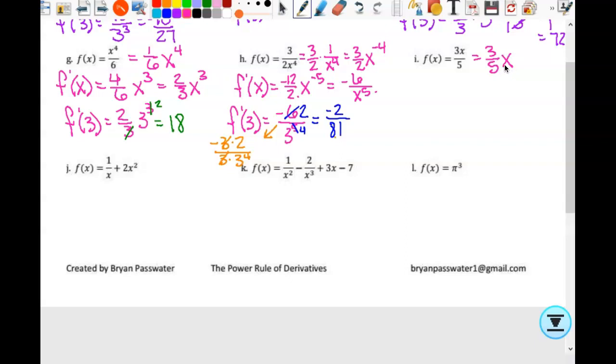You don't have to, but if that 1 helps, it might, especially at the beginning. I'm going to get 1 times 3/5, that's 3/5, times x to the 0. Well, what's x to the 0? It's just 1, so I don't even need to put it, right? I put it on one of the ones up there just so that you knew what was happening, but it's literally just 3/5. Okay? So what is f prime of 3 then? 3/5. Very good.